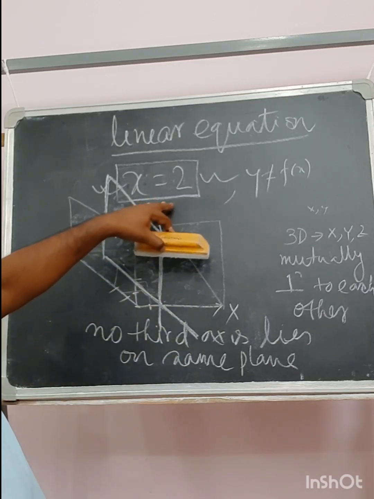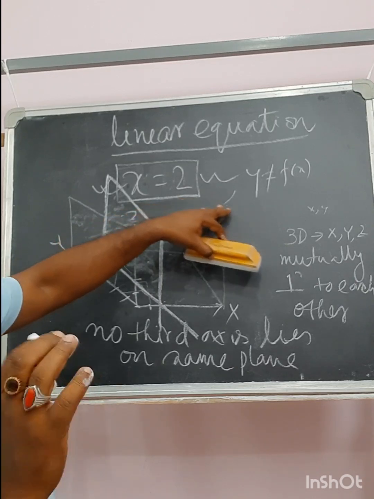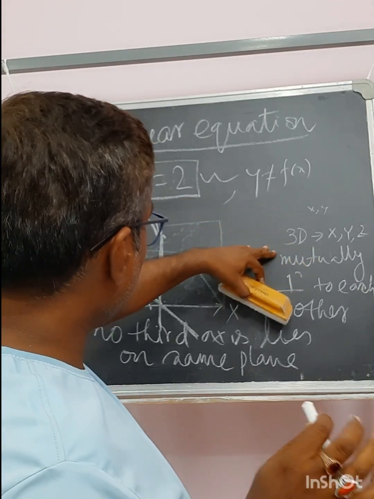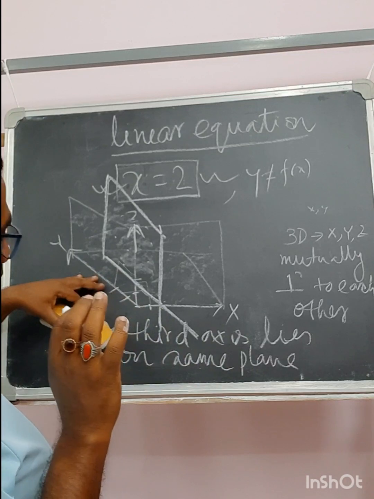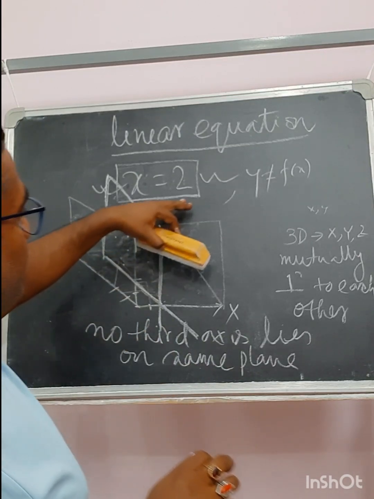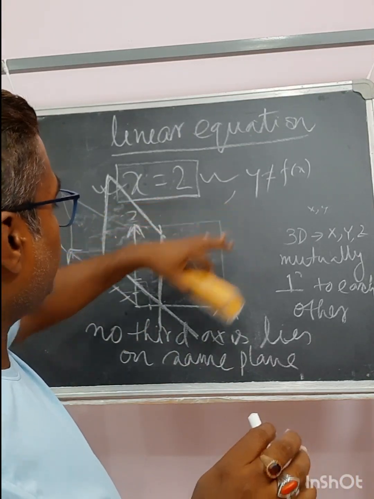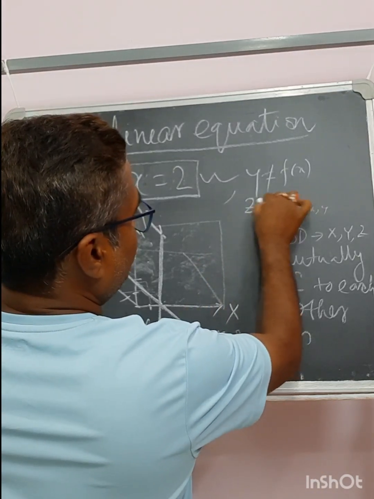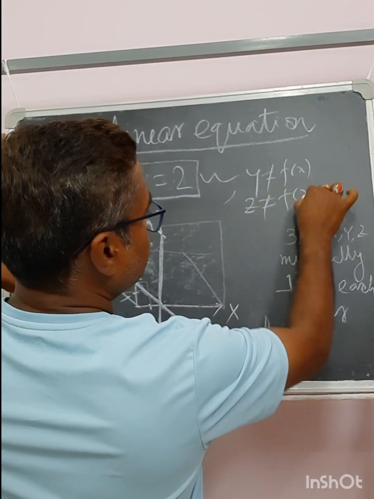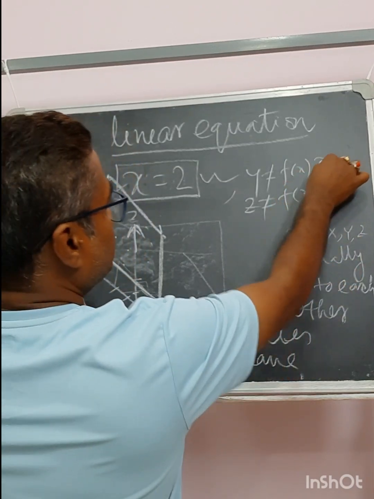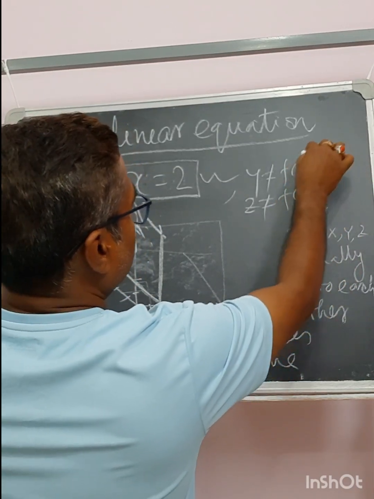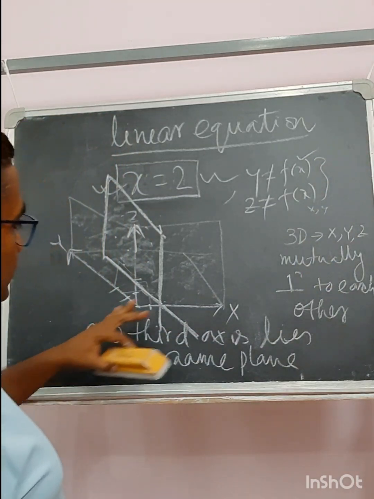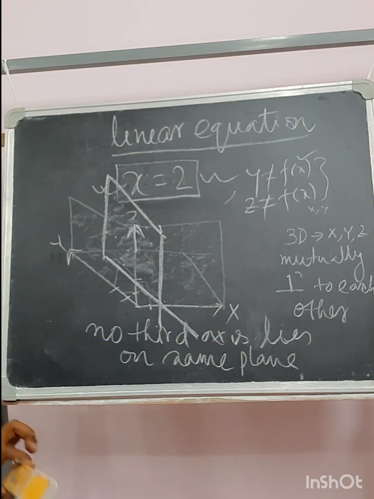So x is equal to 2 is an equation which can be represented in 2D and 3D also, but it is an equation where z and y can vary. Z also is not a function of x in the case of 3D. So this is also true for 3D, this is also true for 2D.